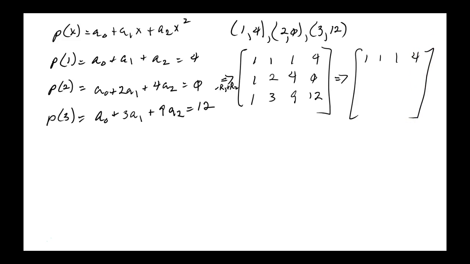Row 2 becomes 0, 1, 3, and negative 4. That's a 4 up top. Again, making fun of my writing, I can tell. Next, negative row 1 plus row 3.